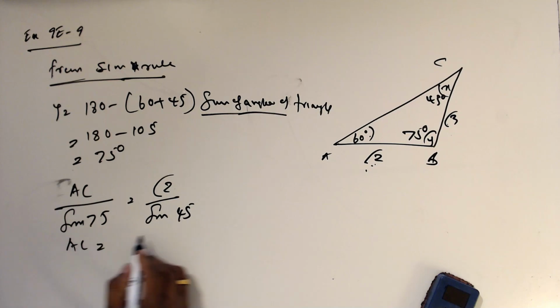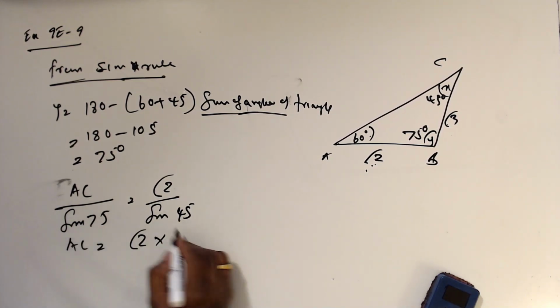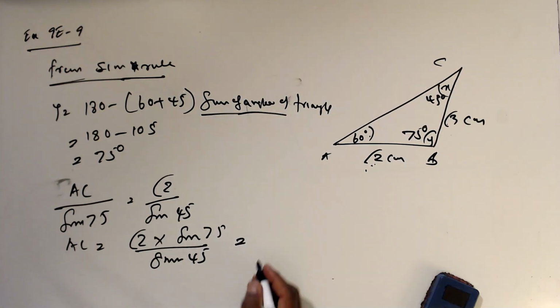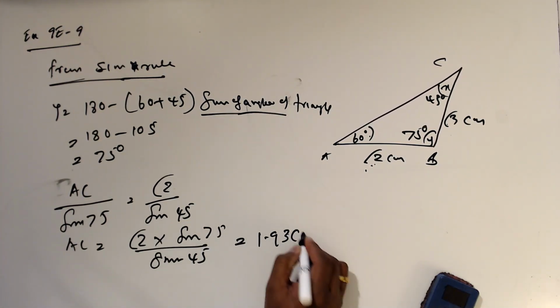So AC equals square root 2 times sine 75 over sine 45. So this is going to be 1.93 centimeters.